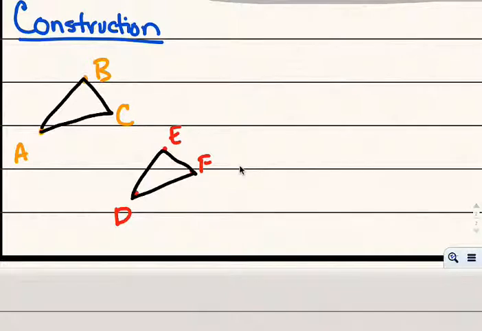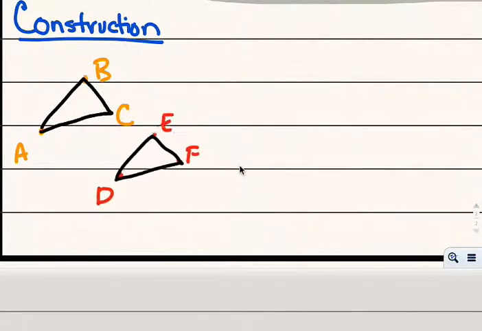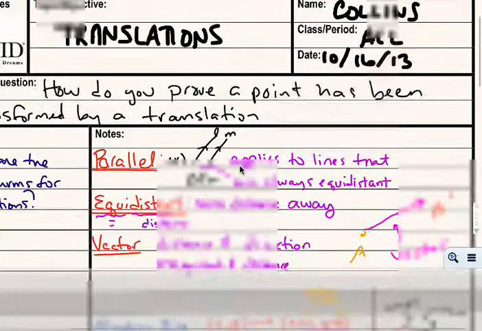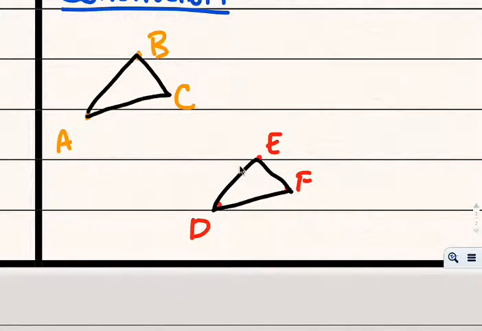The question remains, what do I actually have to construct? I'm just taking this and sliding it. So what do I actually have to construct to confirm this happened?